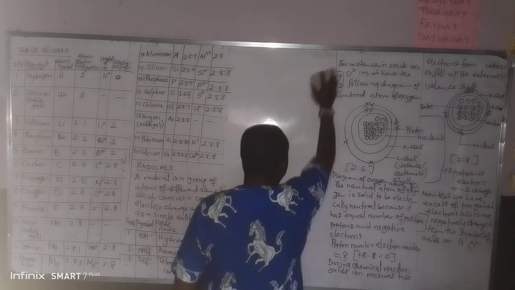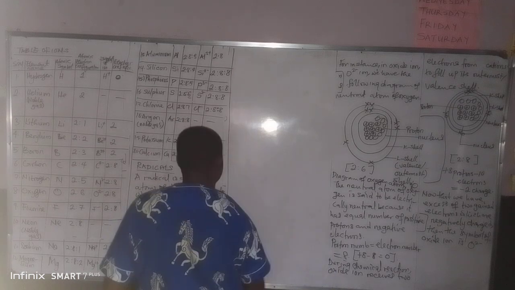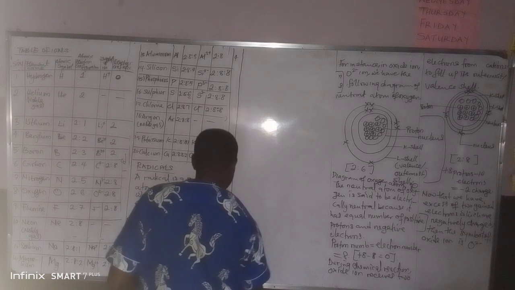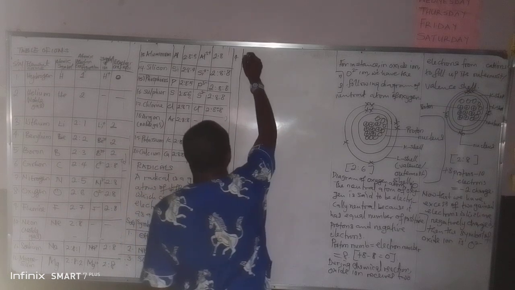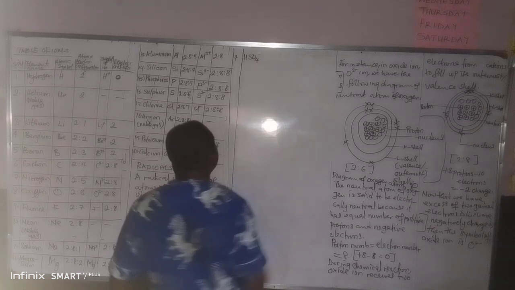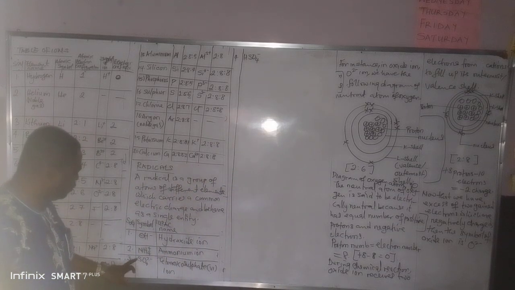Now, let's look at other ones. Number 4, you can have HSO4 minus. Look at this one. This is SO4 2 minus. We can decide to put H before we put the SO4.